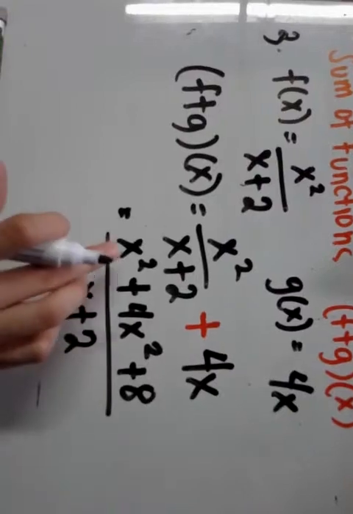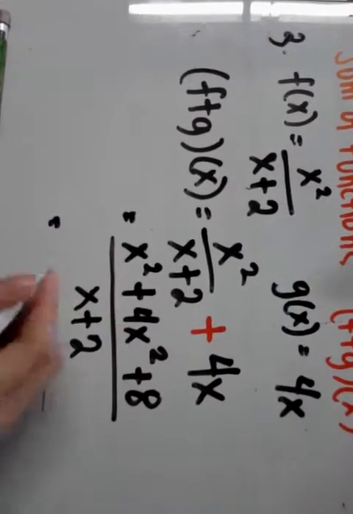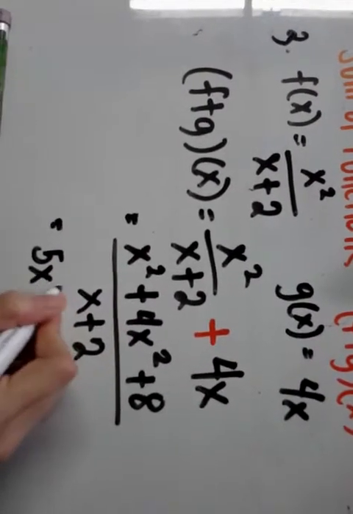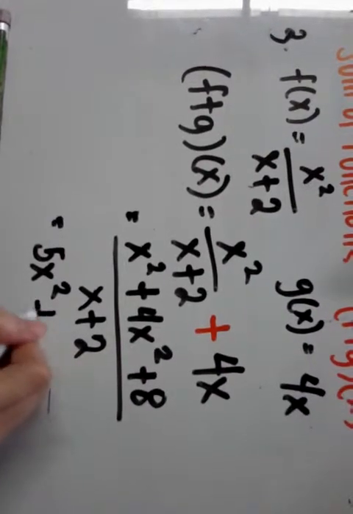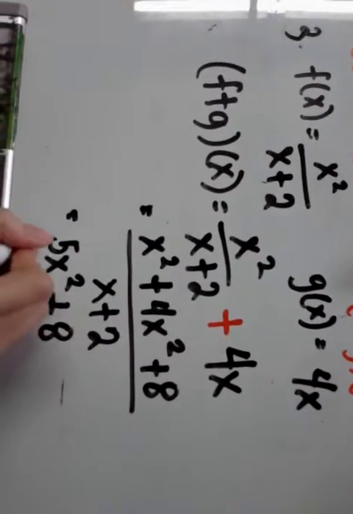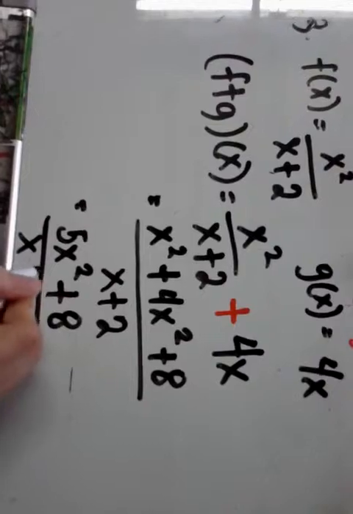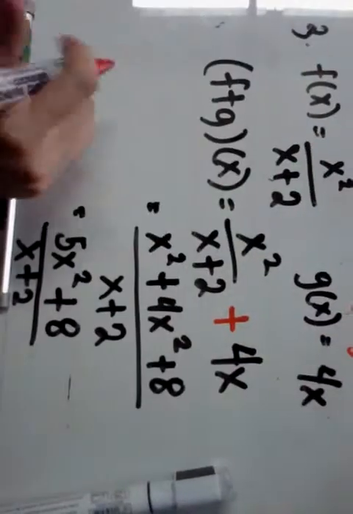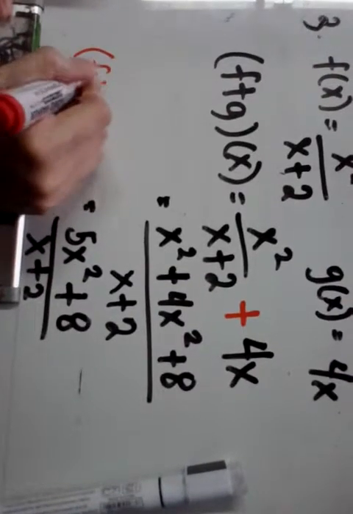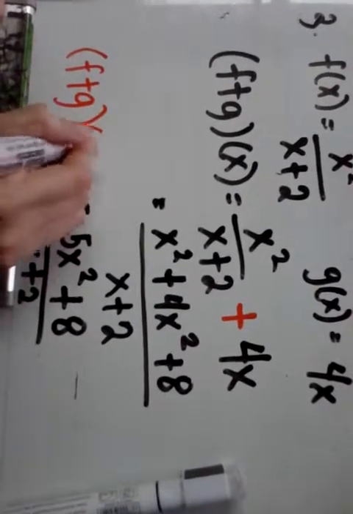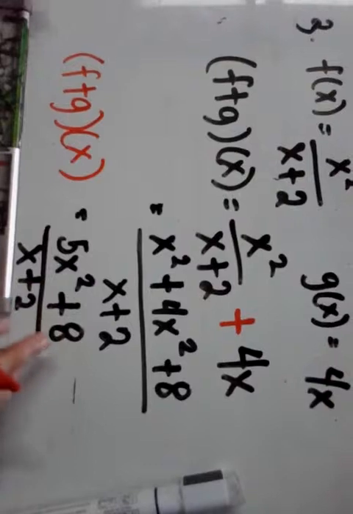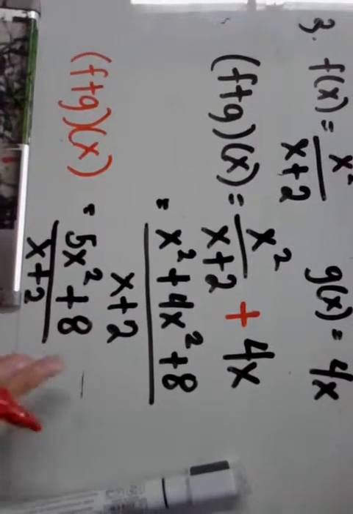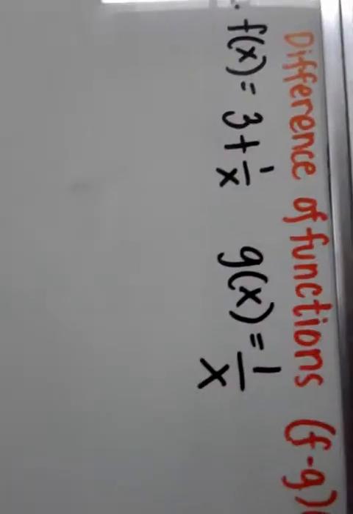So x squared plus 4x squared is 5x squared, then plus 8. And then copy the denominator, x plus 2. So therefore, f plus g of x is equals to 5x squared plus 8 over x plus 2.